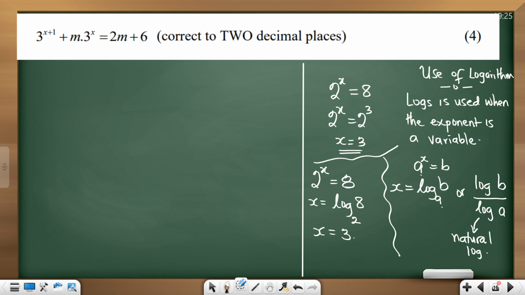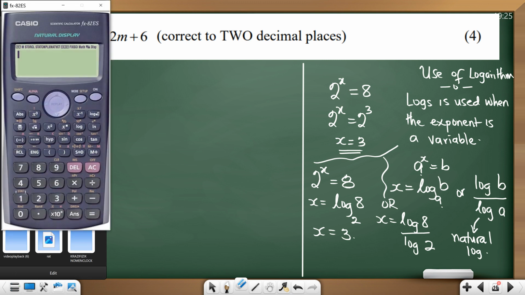Or, if I want to use the second one, some of you, your teachers are going to use the second one. I want you to see the difference between the two. Or, x equals log 8. The base becomes the denominator. Which log am I going to use here? This is algebra, my dear learners. If you look at the first log we used, it had 2 blocks.